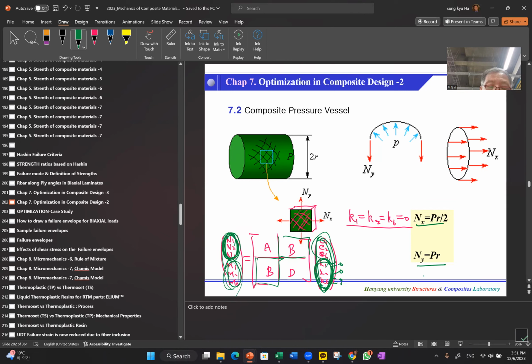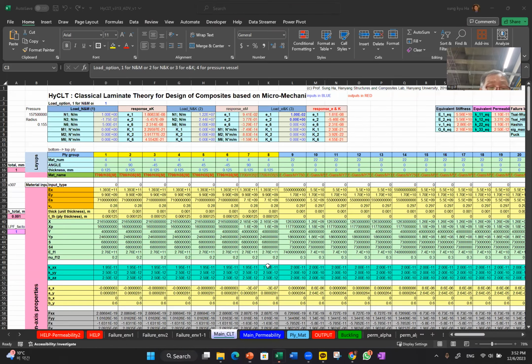Again, this load can generally be all given, but for the pressure vessel, since this is a cylinder, we are given this one and the curvature rather than moment. So to perform that, we have a choice here: if 1, then no in-plane load and moment will be given; 2 is a moment, no in-plane load and curvatures are given; and then strain and curvature.